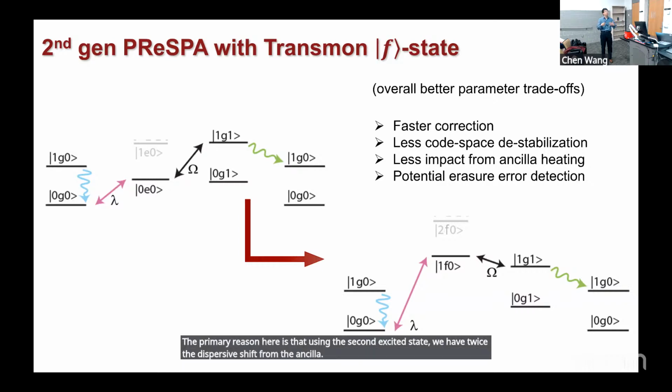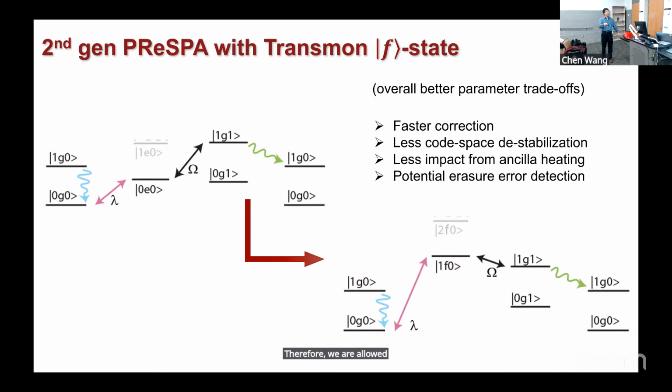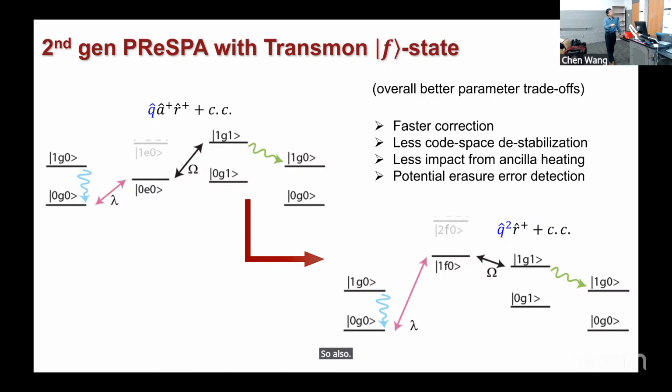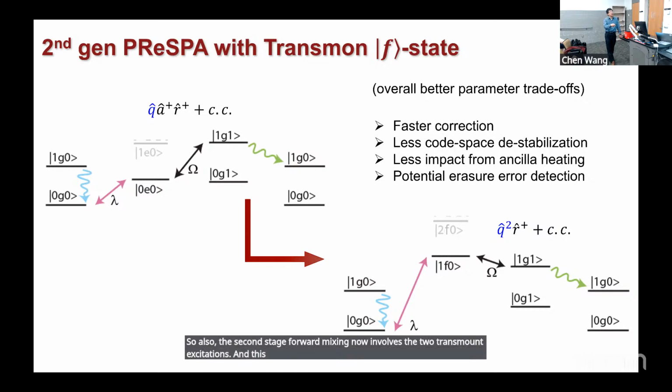Therefore, we are allowed to drive the first stage slightly stronger with a better frequency selectivity. Also, the second stage forward mixing now involves two transmon excitations, and this is a stronger forward mixing process. It's a more effective use of the nonlinearity of the transmon ancilla.